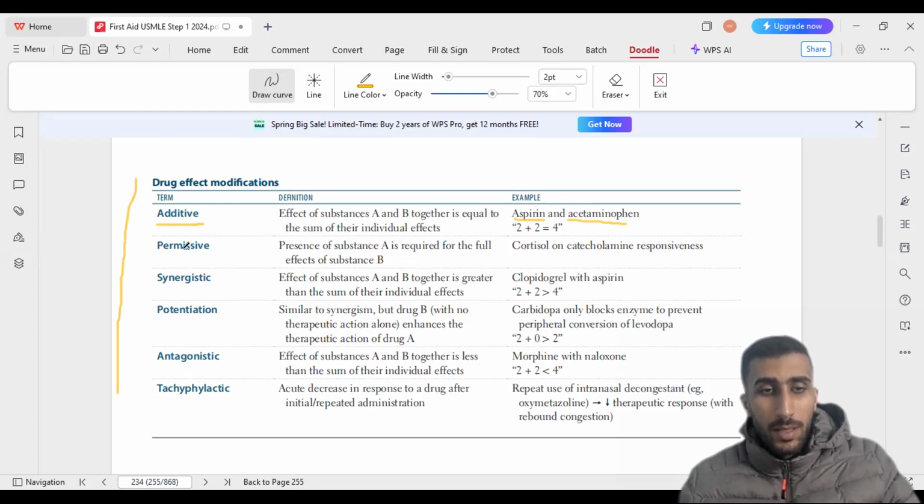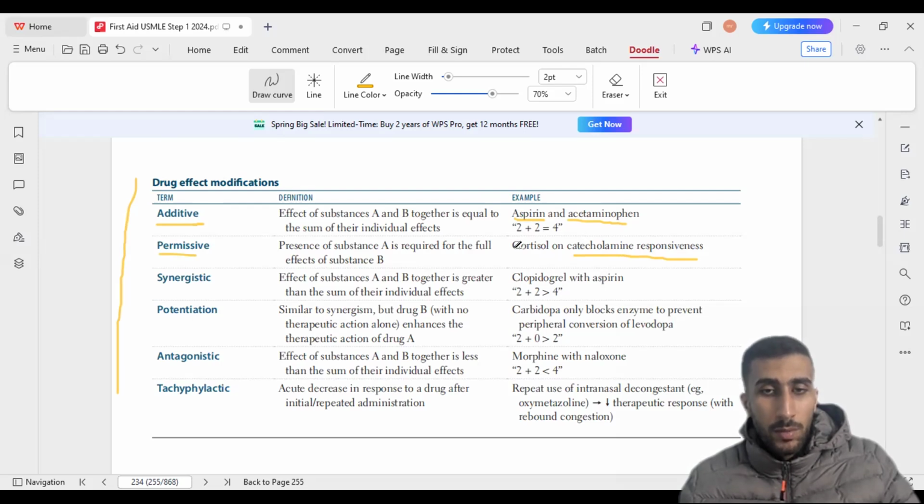And the next is permissive. This is different from additive. The effect is that some drug is required for the full effect of substance B. Here we are talking about catecholamine responsiveness, how much they will vasoconstrict vessels, for example.